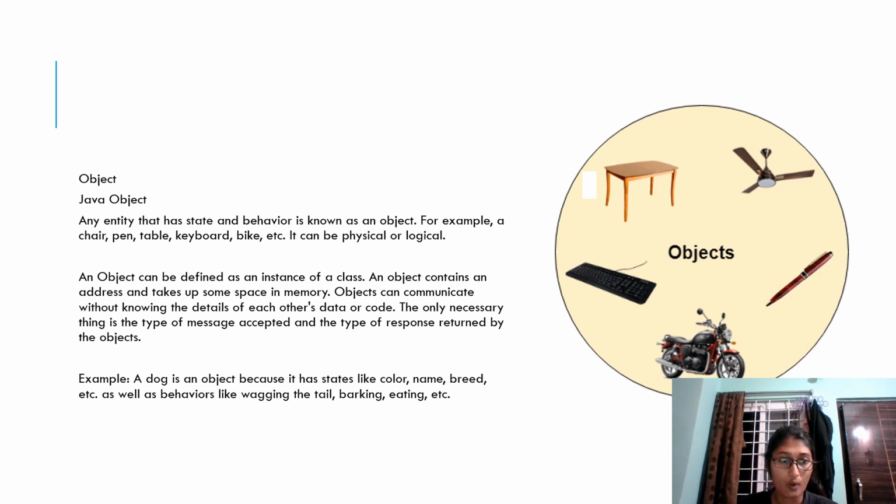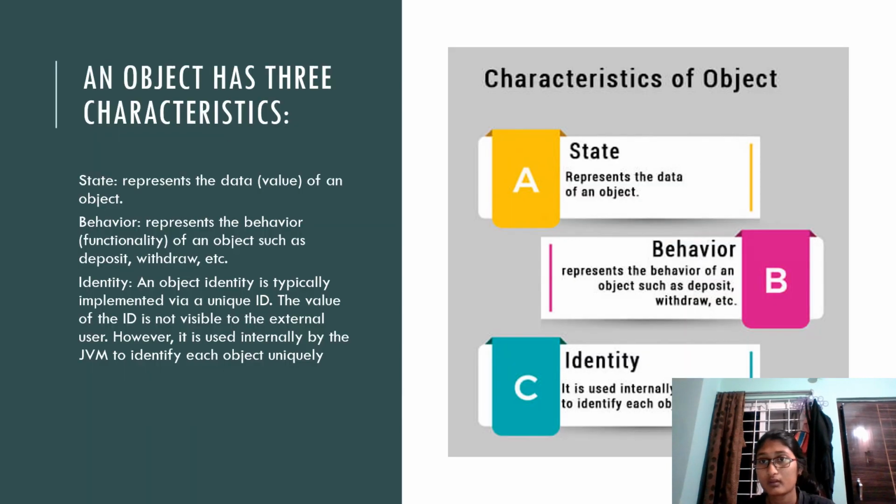A dog is an object because it has states like color, name, breed, etc., as well as behaviors like wagging the tail, barking, eating, etc. An object has three characteristics. State represents the data, the value of an object.